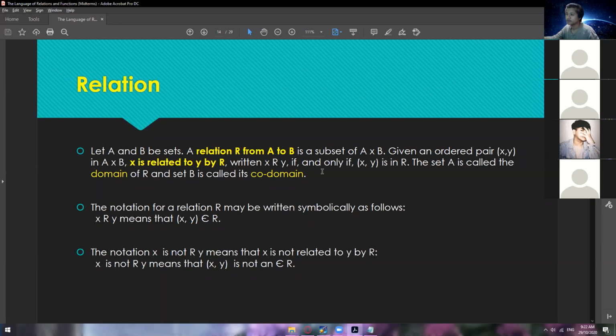Okay? So we could say that this ordered pair is in relation if we were able to meet the condition. So later on, we will discuss more on conditions.